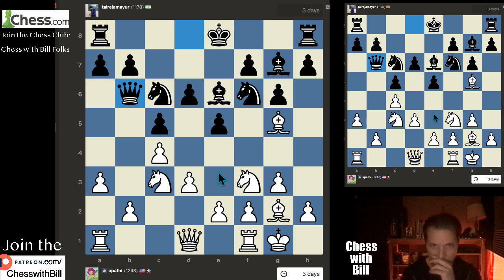That trade on f6, I like it because it releases the tension on d5. But so does e4. Right? They've got to deal with that threat, right? I have to deal now with b2.